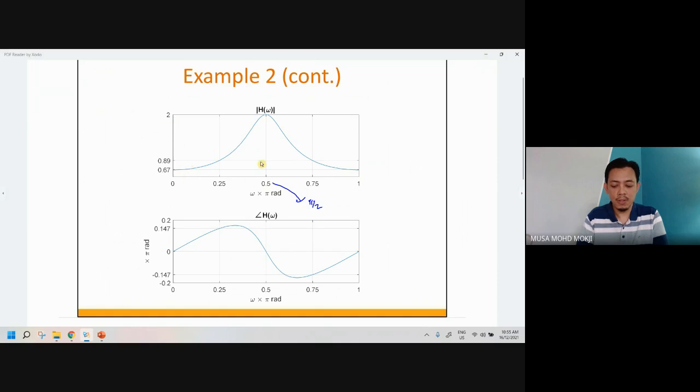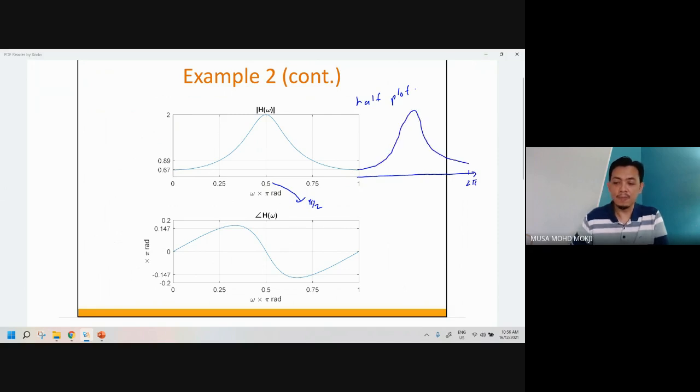Okay, this is a 1, up to here. And this is actually a half plot, because we just plot it up to pi. If you want to have a full plot, you should have until 2 pi over here.